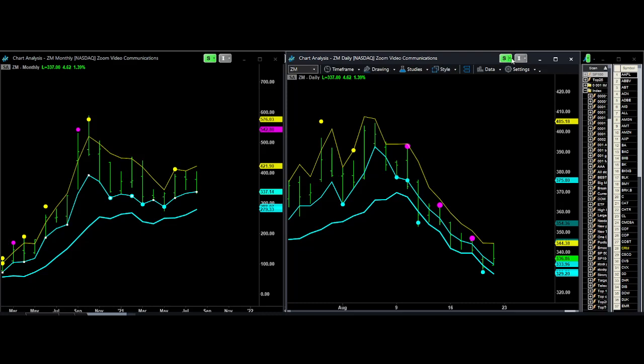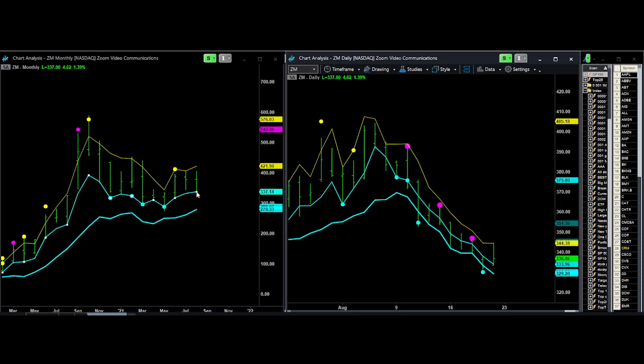For Zoom, because right now it's still in a downtrend, if I buy this stock, I will probably not hold it for a long time. I will pay closer attention to the fluctuation of the stock price, maybe doing some day trading or keeping it for a relatively short time currently.